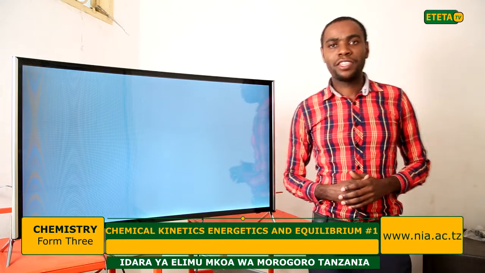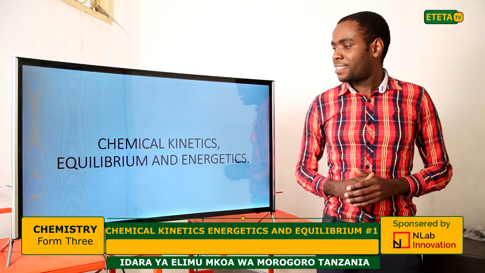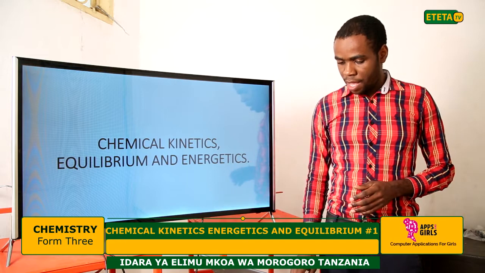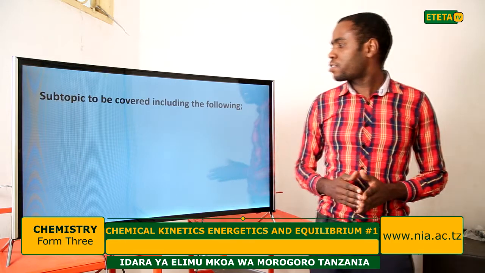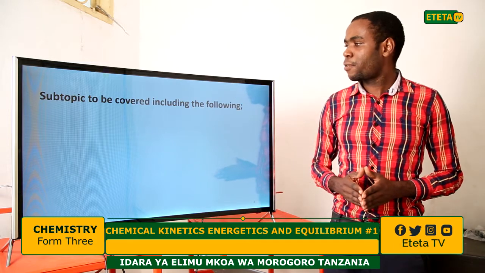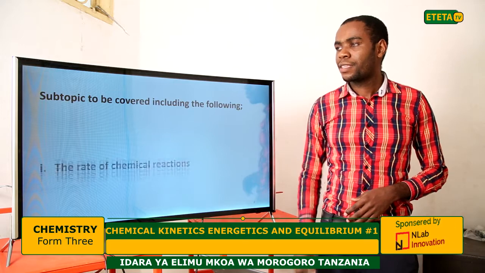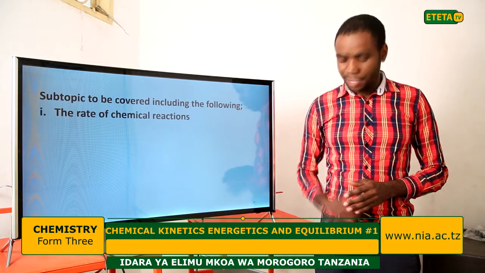Today I'm going to teach the topic called chemical kinetics, equilibrium and energetics. The subtopics which must be covered in this topic include the following. The first one is the rate of chemical reaction.